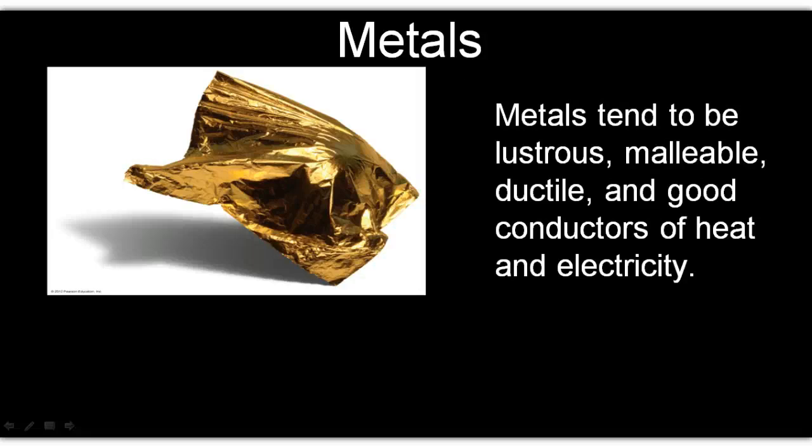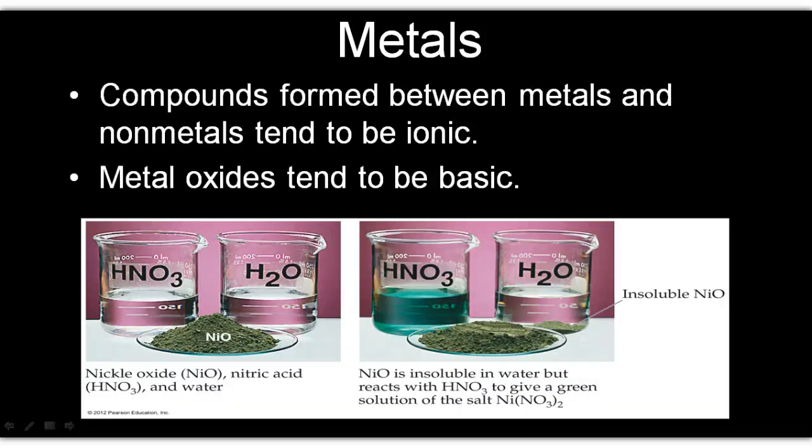Again, this is kind of a repeat of what was on that other slide. You've learned this before, so I won't spend any time on this. The one thing interesting is when metals are mixed with water, and a nice easy example is to look at sodium.